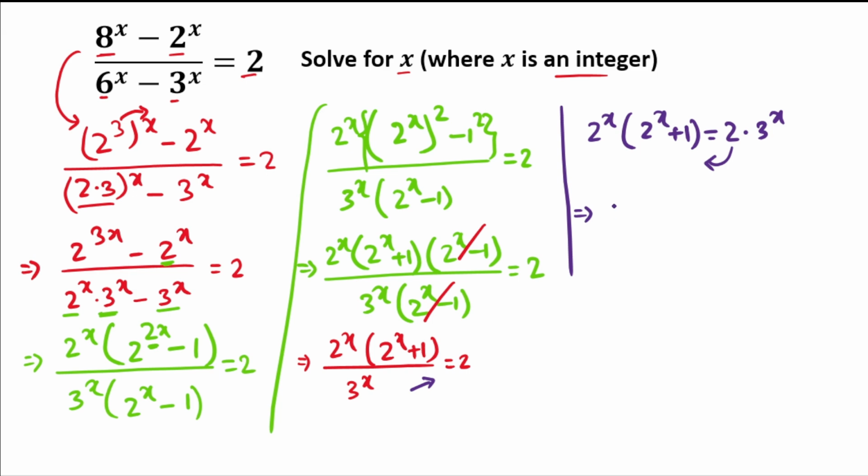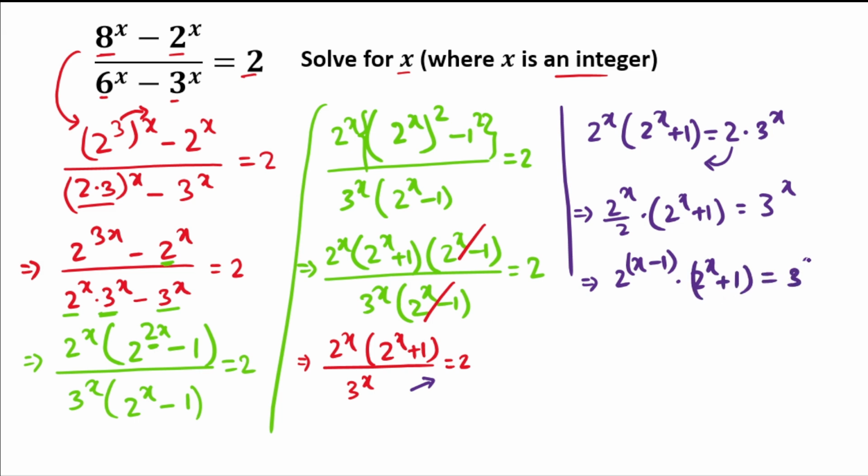Then our equation will be 2 raised to the power x divided by 2, multiplied by 2 raised to the power x plus 1, equal to 3 raised to the power x. Now we can write this as 2 raised to the power x minus 1 multiplied by 2 raised to the power x plus 1, equal to 3 raised to the power x.